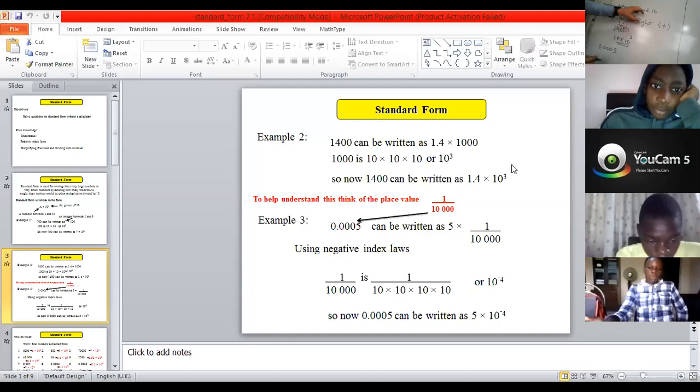But if the power of 0 is increasing towards the left, you shift your decimal point to the right. So I can use this as an arrow to show that I'm going away from the right to the left, and then I can use this as an arrow to show that I'm going away from the left to the right. So you have this.